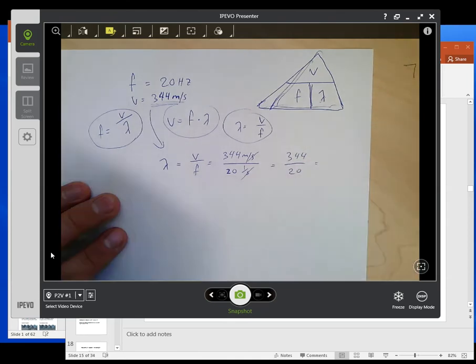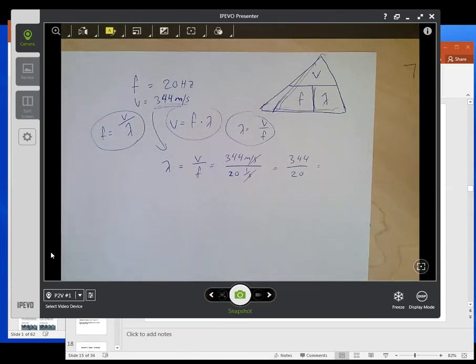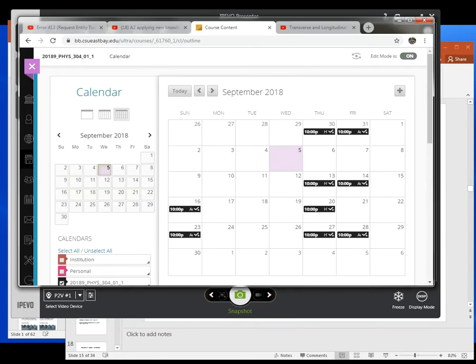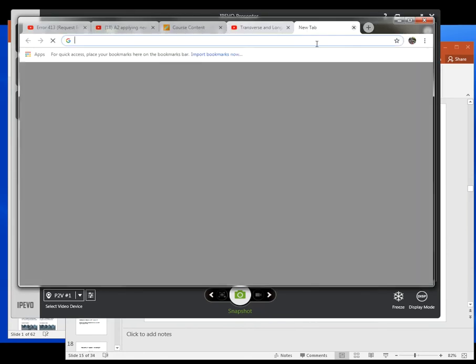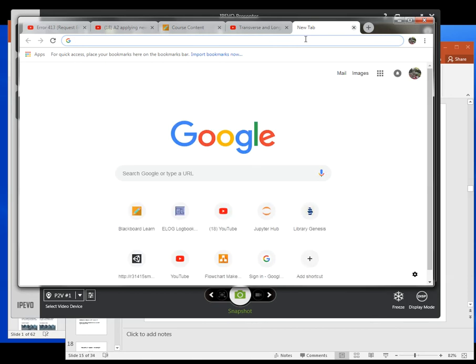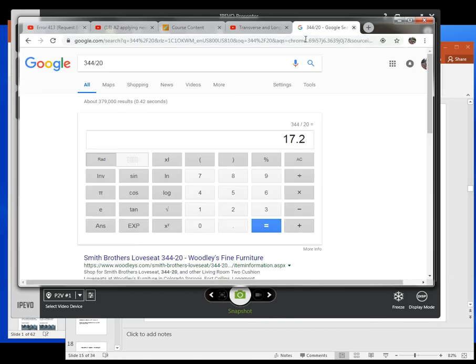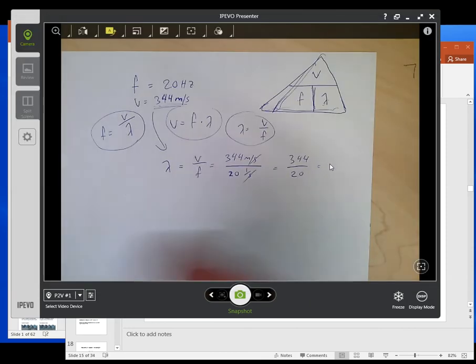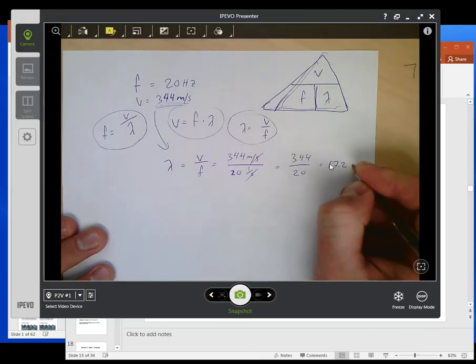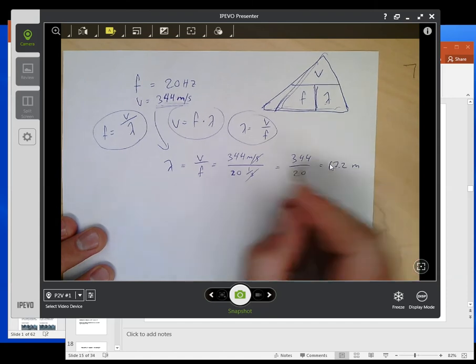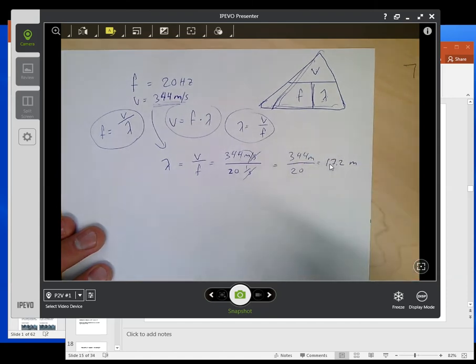If I use my calculator, 344 divided by 20 is 17.2. Good. So here's 17.2, and my unit is meters, the only one that stays.